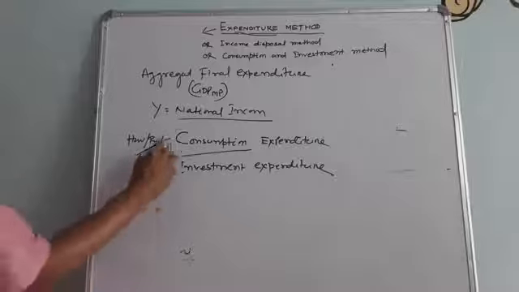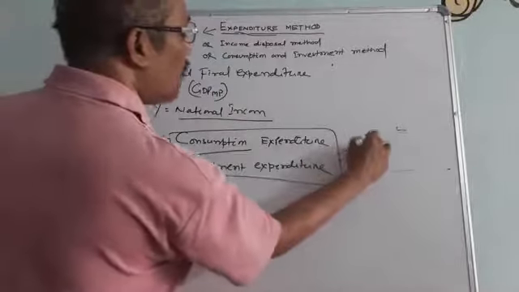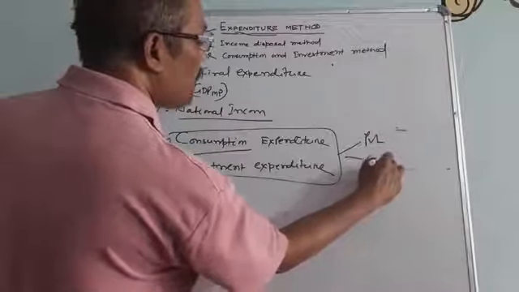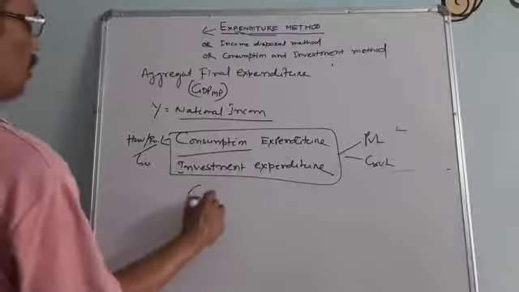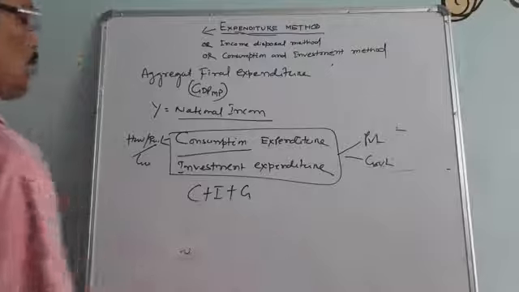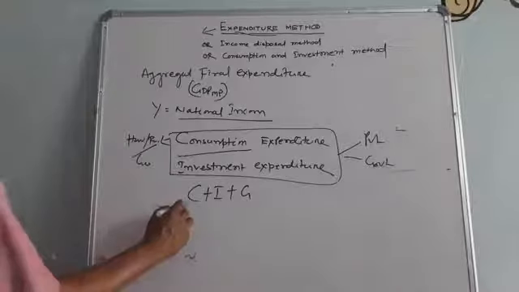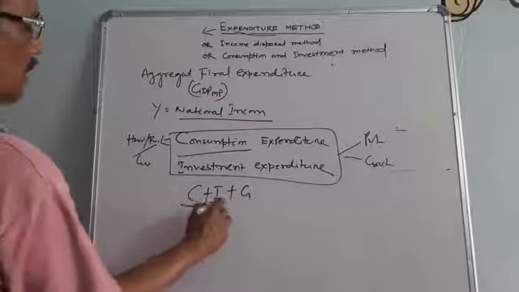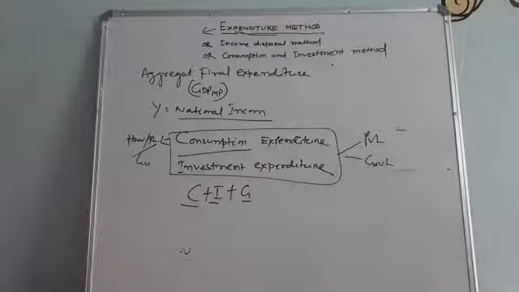It means both are by the private sector and the government. So we may write here consumption plus investment plus government expenditure. Besides this, it is private consumption expenditure, private investment expenditure, government consumption expenditure, government investment expenditure.